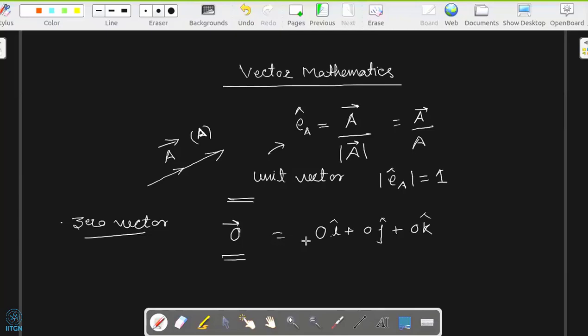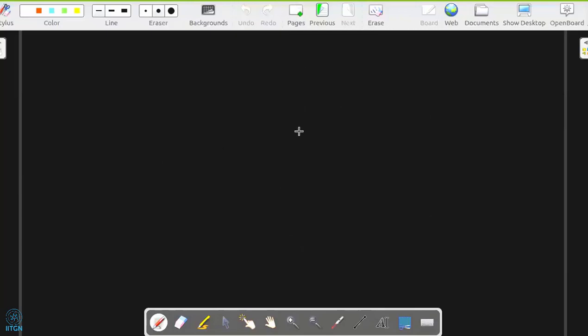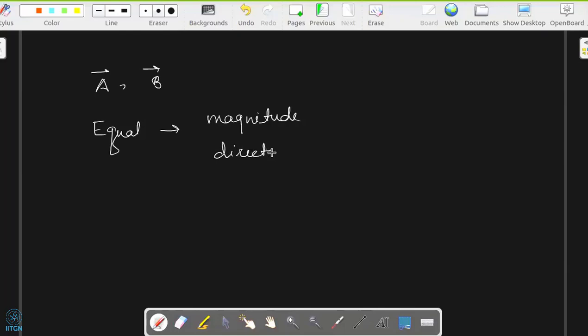So these are all the fundamental things. Then we will have equal vectors. Let's say we have two vectors, A and B, and these two vectors will be equal only when the magnitude as well as the direction are equal. If so, then we can say that vector A and vector B are equal.